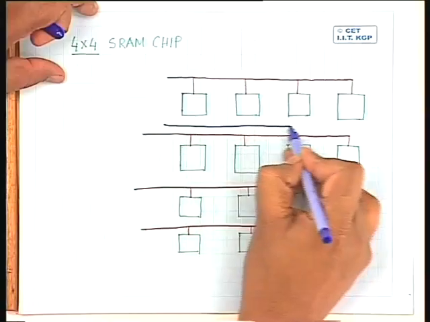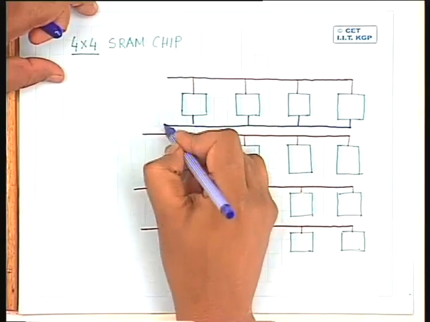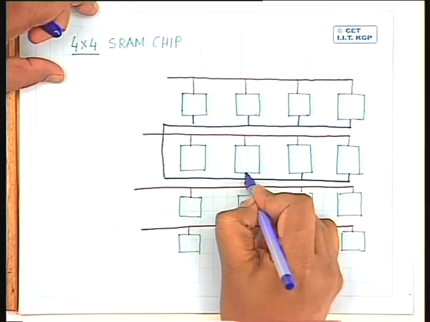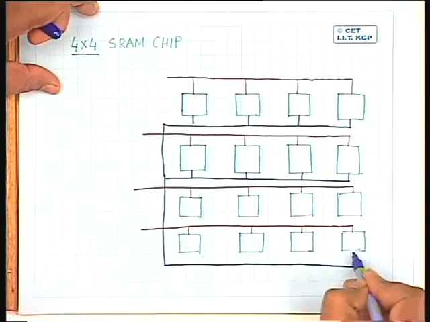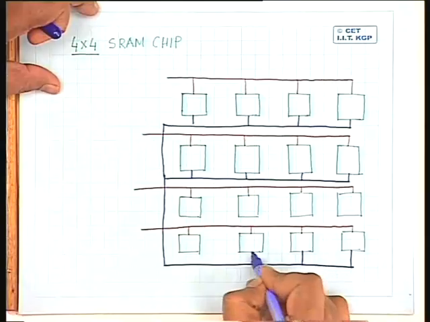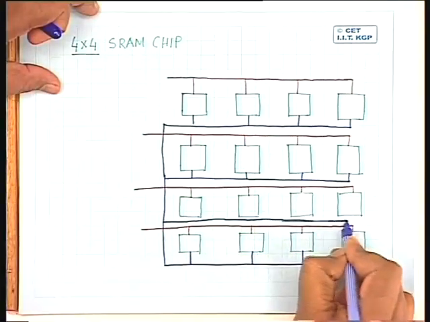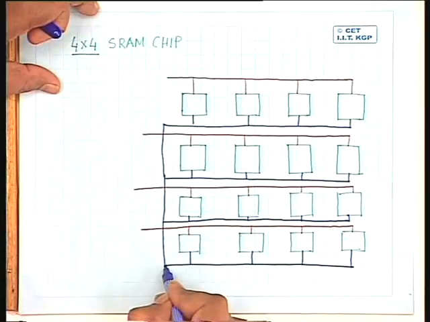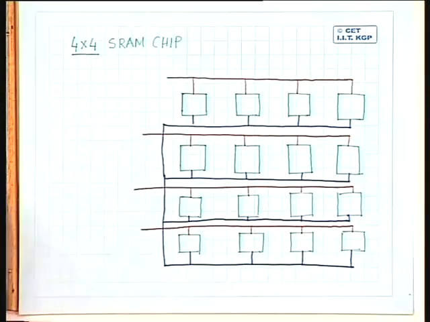So let us have a common read write bar signal which is connected to all the cells. So this is your read write bar signal, and the red lines are the select inputs of individual rows.